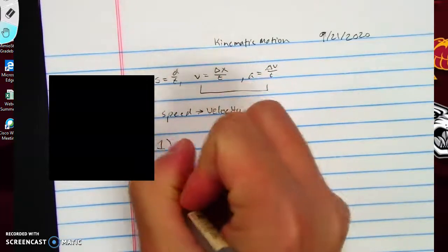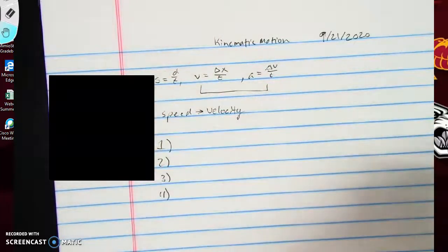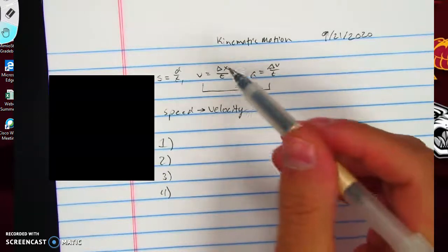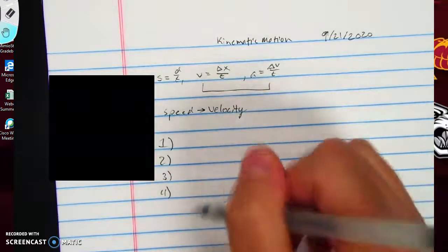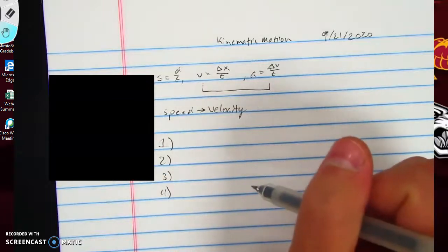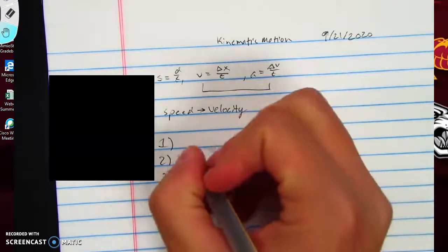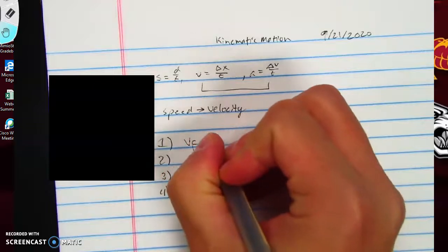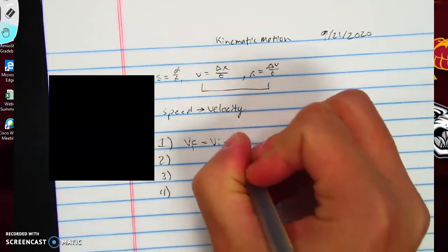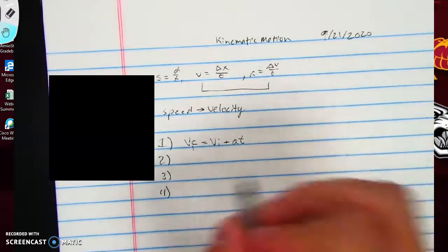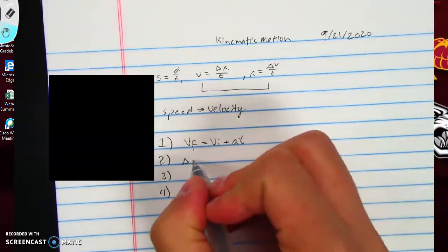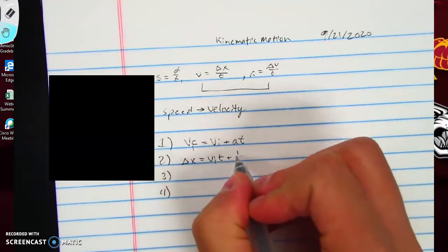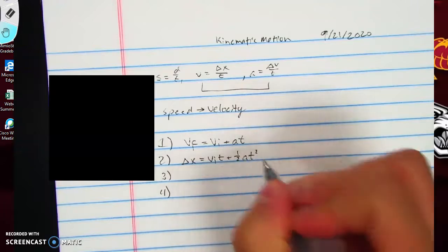I'm going to list them in no particular order. I will say the fourth one is not used very often. The first one is V final equals V initial plus AT. The second one is change in X equals V initial T plus 1/2 AT squared.